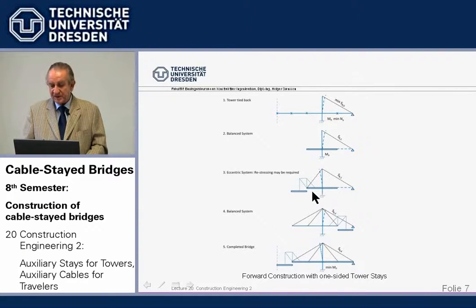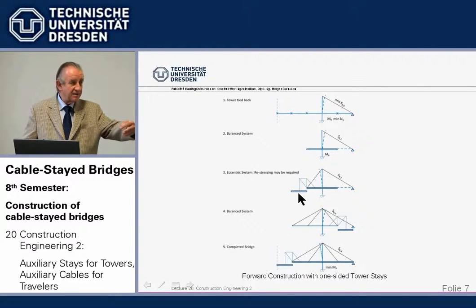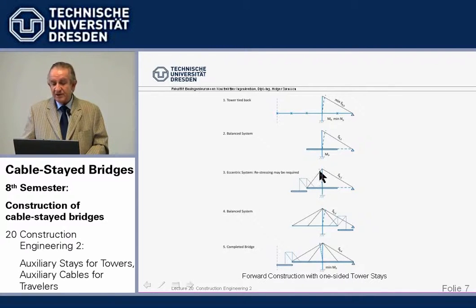And there we said, okay, what we do is we either have a balanced system, left and right, or if we have it unbalanced, it's always unbalanced to the main side, to the river side, which means we do not have the situation that we have unbalance here and need staying to here.